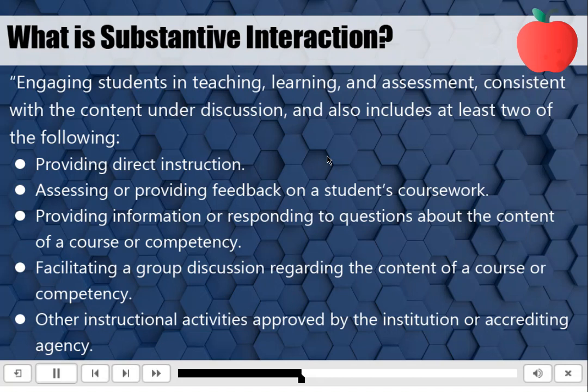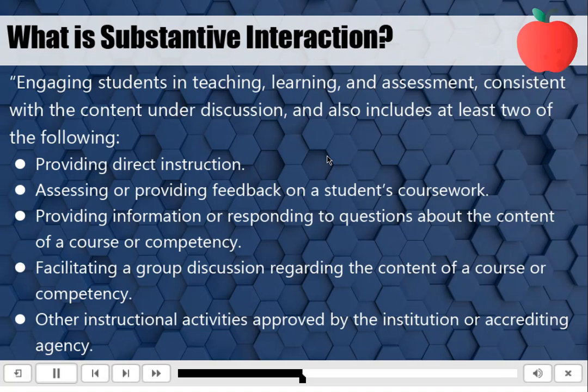You are providing, as the instructor, direct instruction. You are assessing or providing feedback on a student's coursework. Or you're providing information or responding to questions about the content of a course. Or you're facilitating a group discussion regarding the content of the course.